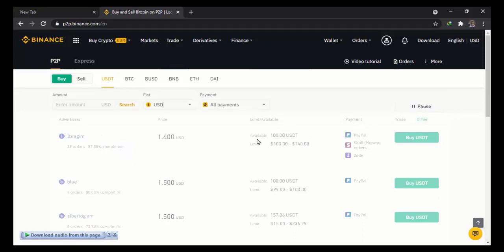Okay, so you find that some are selling for as high as 40% or 50%. They're taking PayPal, Skrill, Zelle. The reason these people are selling at such a high price is, I don't know if you've ever tried to transact with PayPal, Skrill, and all of these. There are a lot of rules, and it's just expensive dealing with them.